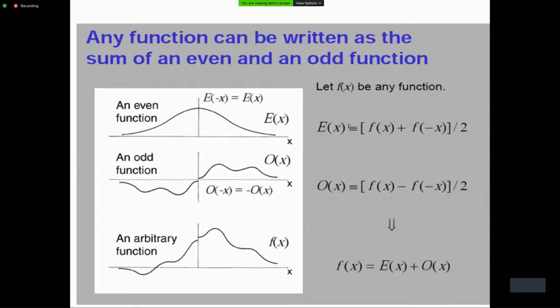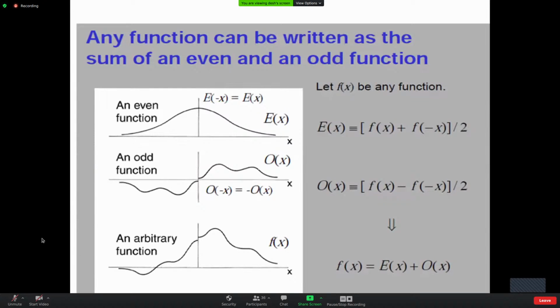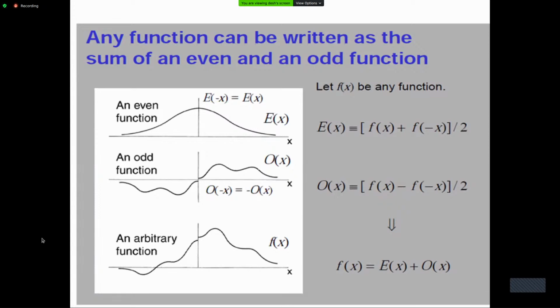So there are certain properties of odd and even functions that we can exploit because of the Fourier translation for them is specific. We know that any function can be written as sum of odd and even function by just doing this operation. The Fourier transform of an odd and even function are specific.